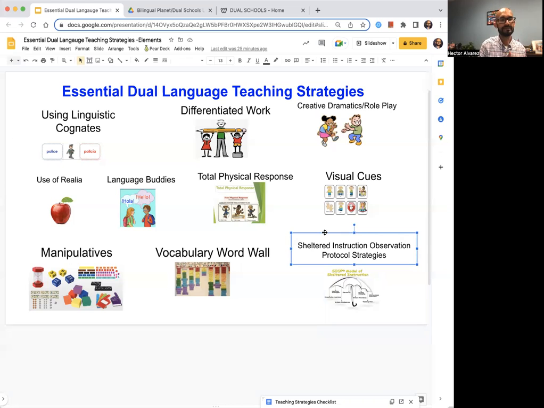For instance, building vocabulary, making sure that you're using the language objectives, making sure that you are using visuals for the students that need it. This strategy is going to help the students to scaffold their work and help you to be able to differentiate the work as well for the students.